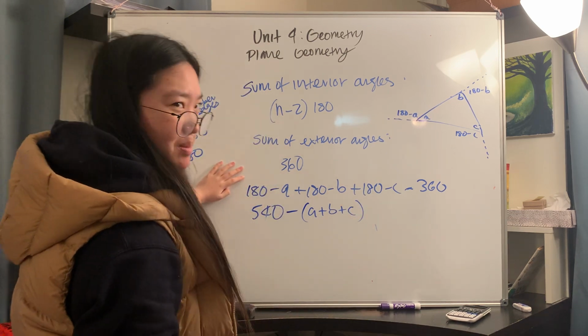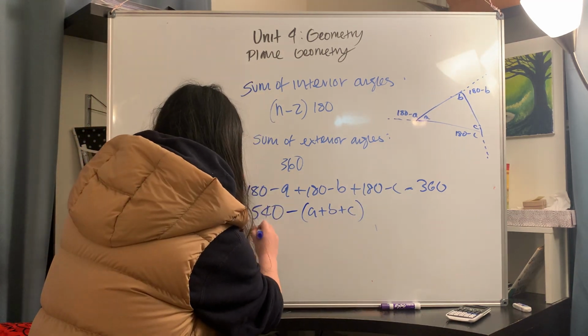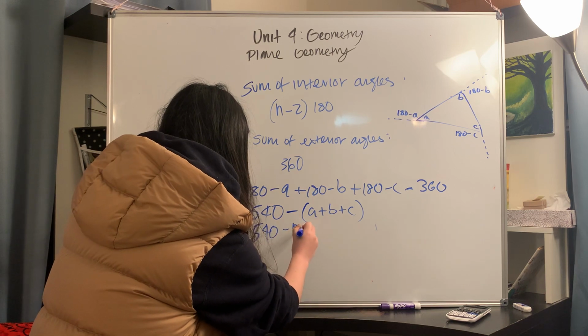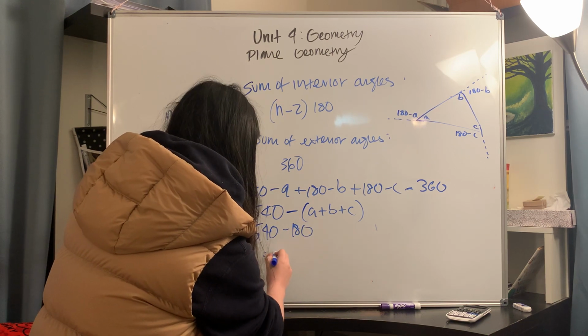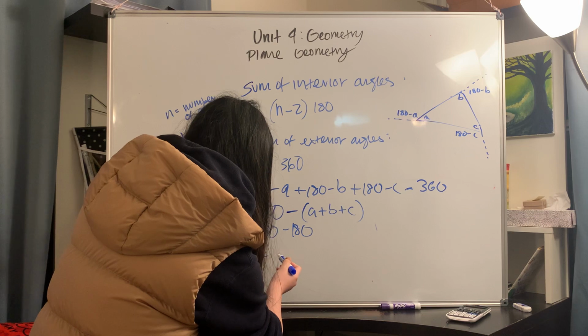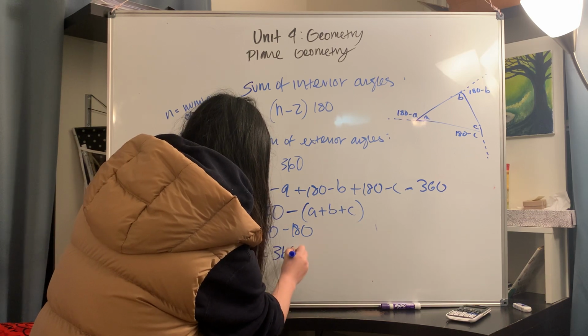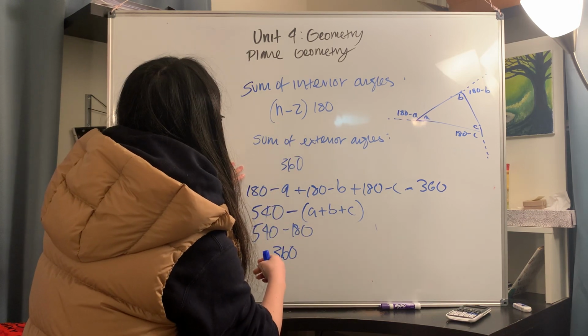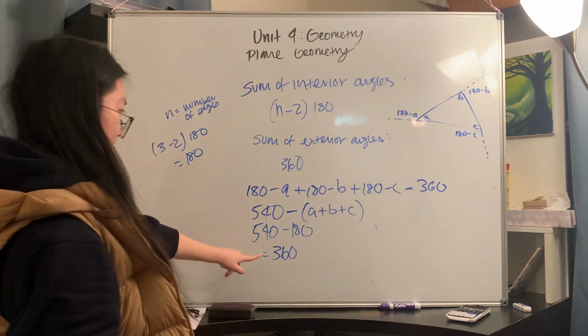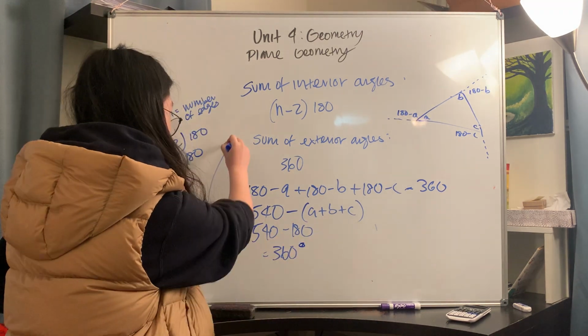And we know that A plus B plus C is equal to 180, so this is just 540 minus 180. And that is equal to 360, which is what we said here.